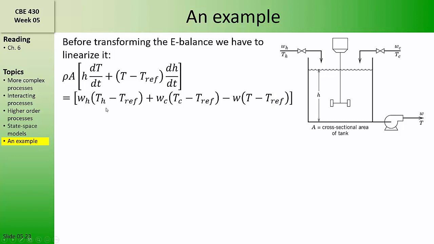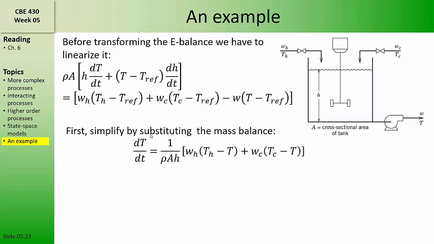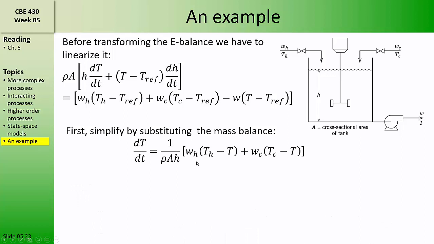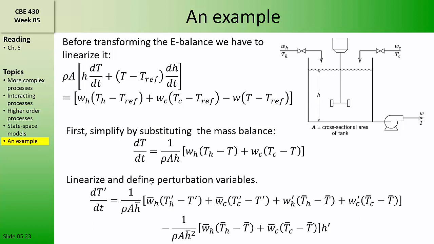This ODE contains nonlinear combinations of our disturbance variables, like W_H times T_H and W_C times T_C. First, let's simplify the energy balance by substituting in the material balance. This eliminates T_ref from the right-hand and left-hand sides of the energy balance equation. It also eliminates W. Next, we'll use the Taylor series expansion to linearize this nonlinear equation and substitute in the perturbation variables.